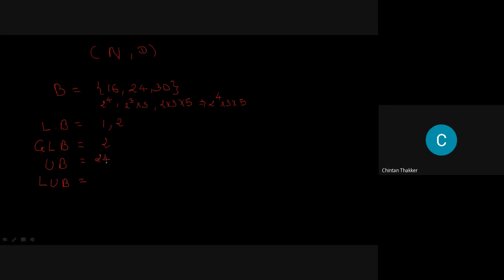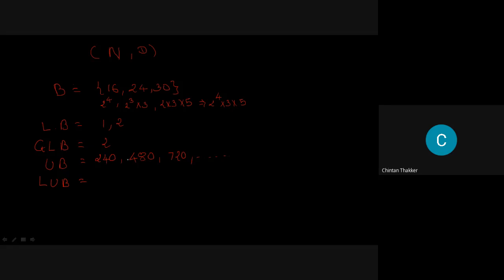So the upper bound is 240. Then 240 into 2 is 480, then 240 into 3 is 720, and so on.